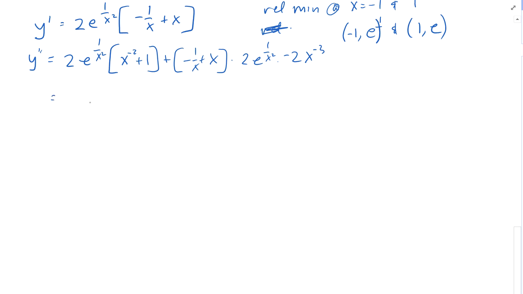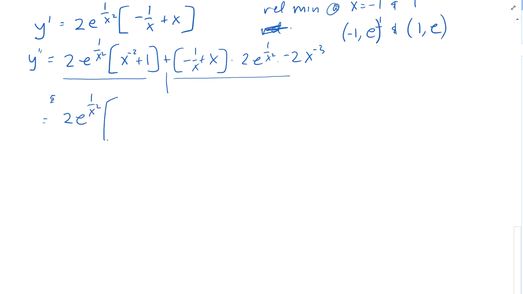Okay, so let's do some simplifying here. Looks like I've got two terms, right? This first term plus this second term. So I can factor out 2e to the 1 over x squared.